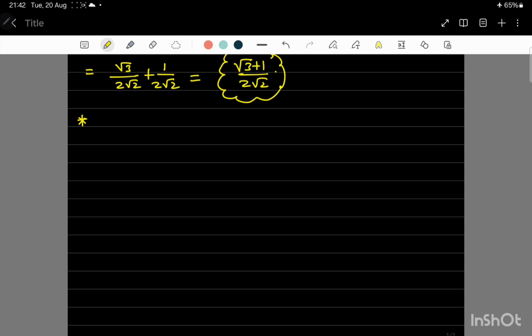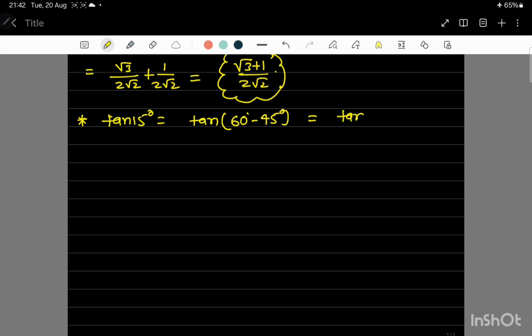And then how to find the tan 15 degree value. Tan 15 degree equal to tan 60 degree minus 45 degree.